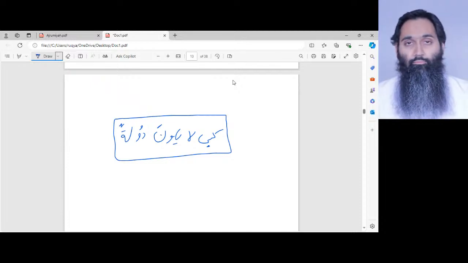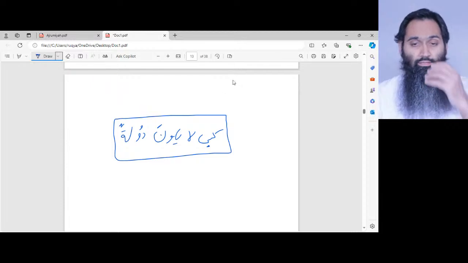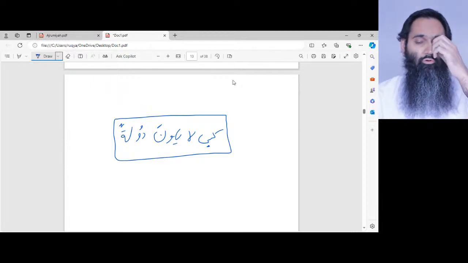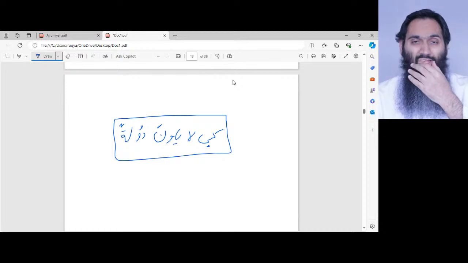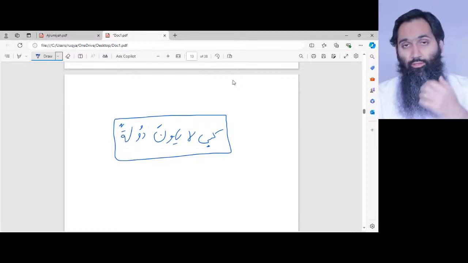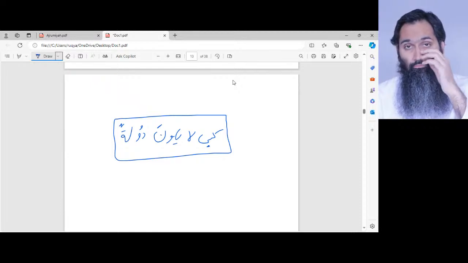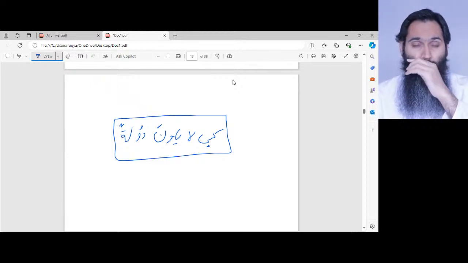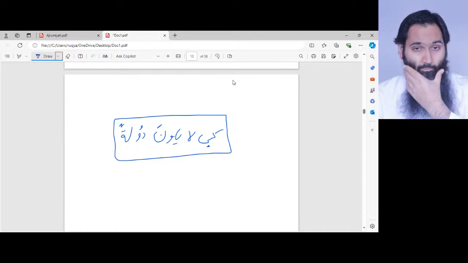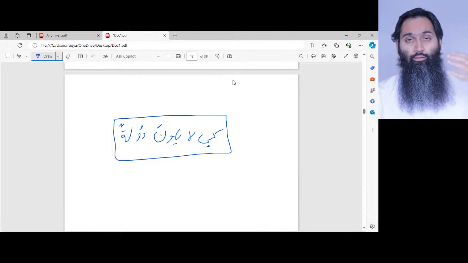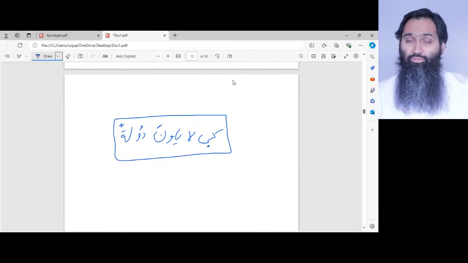So here, as you can see, there is no lam before kay. The lam, which is harfu ta'leel wa jar, is not there before kay. So here we have two choices. We can assume it's there taqdeeran.